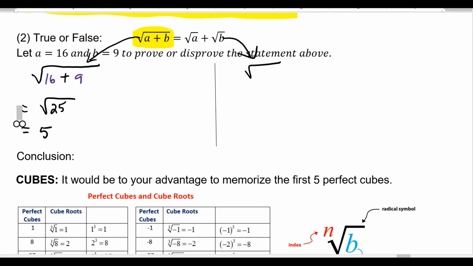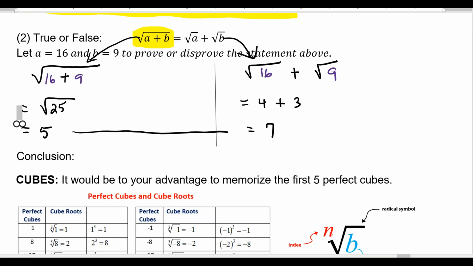But on the right side, the square root of 16 plus the square root of 9, is it the same? Now the square root of 16 is 4 and the square root of 9 is 3. So on the right side we have 7.